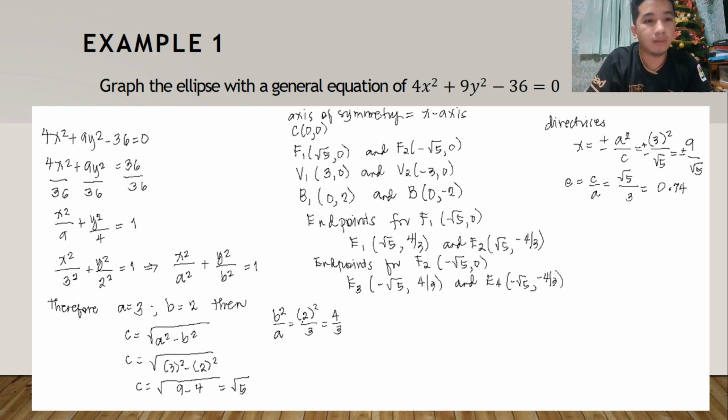The endpoints for F2, which is (negative square root of 5, 0): E3 is (negative square root of 5, 4 over 3) and E4 is (negative square root of 5, negative 4 over 3).